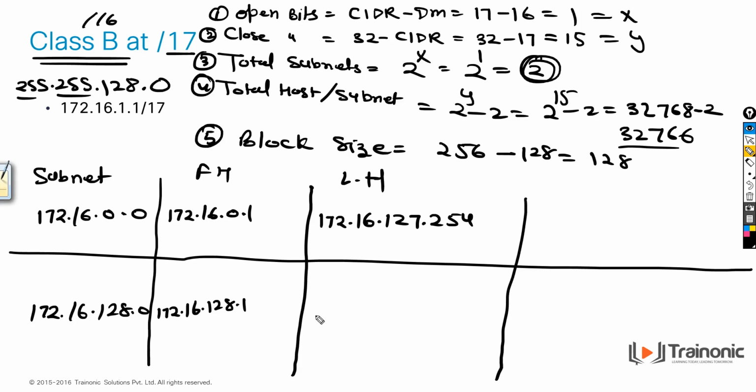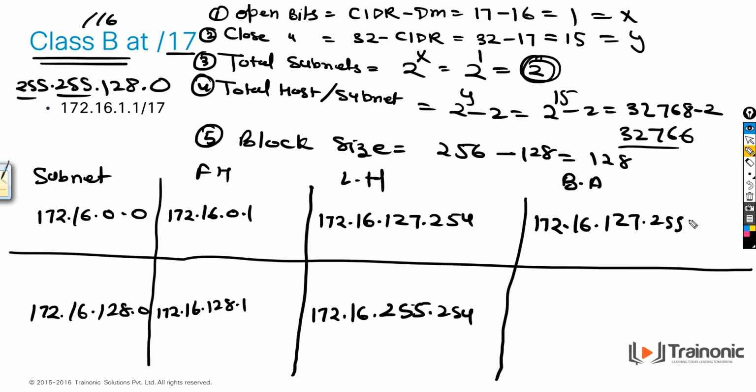Last host of the second subnet is 172.16.255.254. Yes, 254. Then the broadcast addresses are 172.16.127.255 and 172.16.255.255. Yes, this is our first subnet, this is our second.